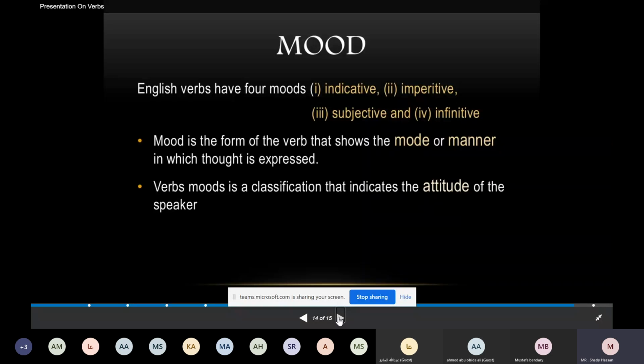The mood could be indicative, imperative, subjunctive, or infinitive. Mood is the form of the verb that shows the mode or manner in which thought is expressed. Verb mood is a classification that indicates the attitude of the speaker.